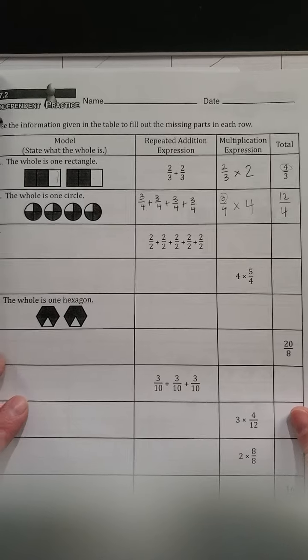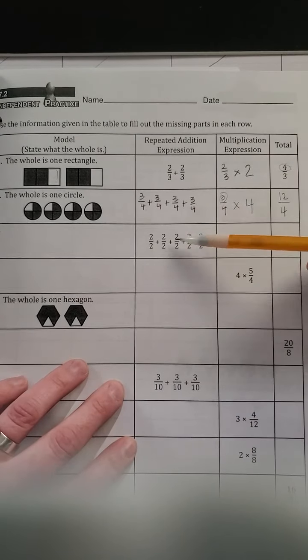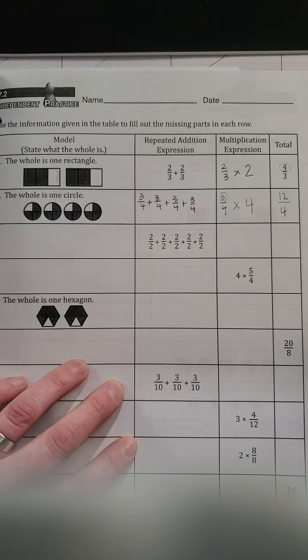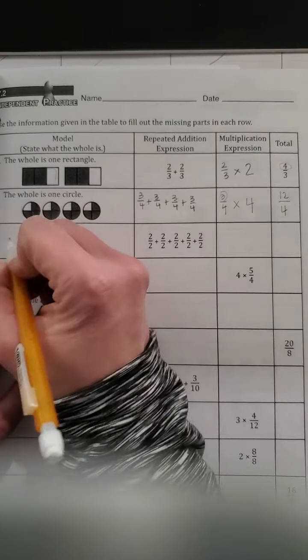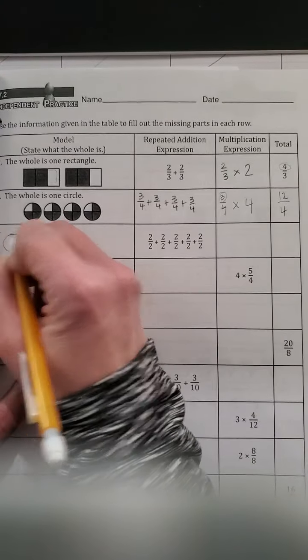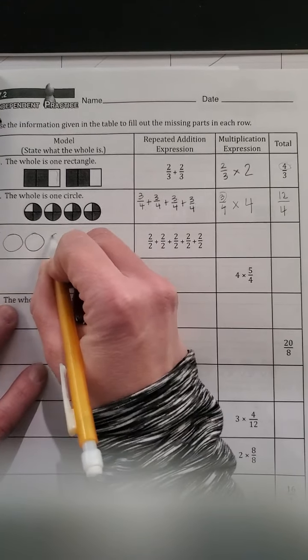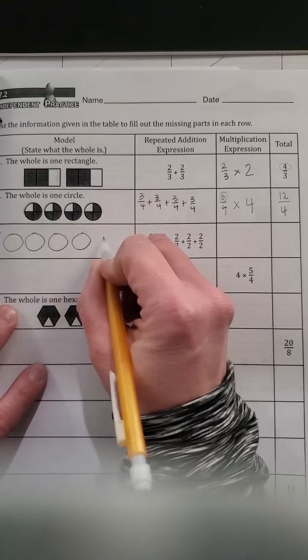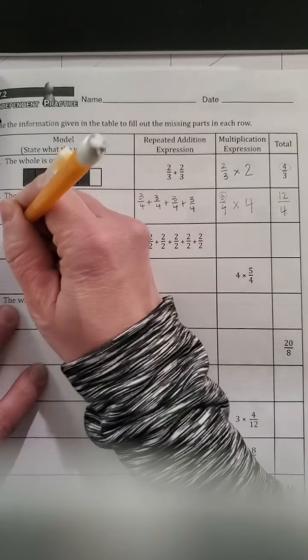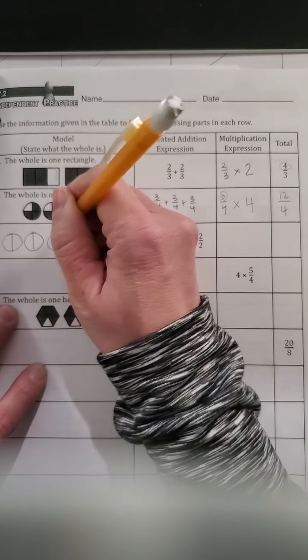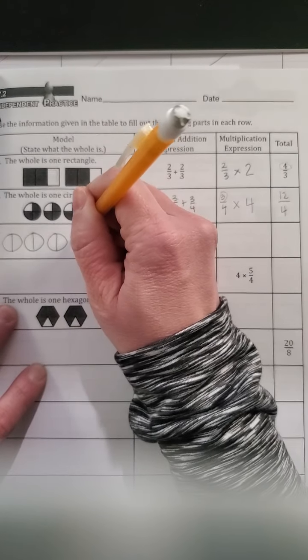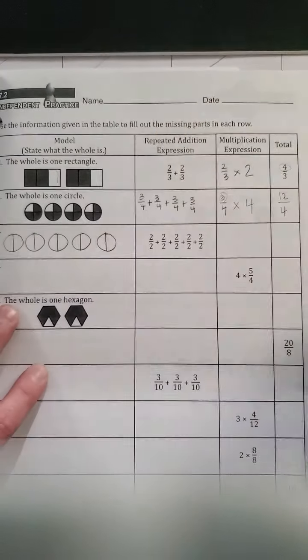Number 3, they are showing us 1, 2, 3, 4, 5 iterations of 2/2. So let's go ahead. And our whole is going to be divided into 2. And the whole is one circle.